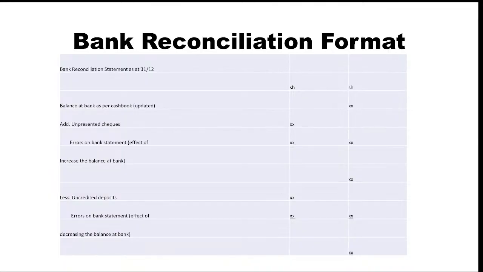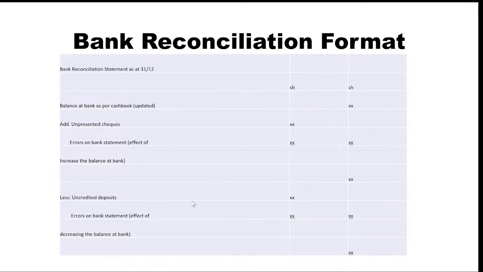And mind you, when you take one format, you have to understand it properly. If you start with the format as shown, with the unpresented checks, you have to go all the way to the end with it. If it's the second option, you have to add the uncredited deposits and errors on bank statement, then you less the unpresented checks and errors on bank statement all the way to the end.